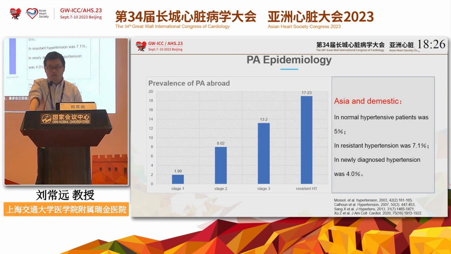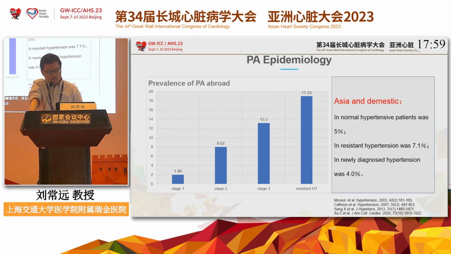PA has long been considered a rare condition in clinic. However, compelling evidence has indicated that PA is the most frequent form of secondary hypertension. From the left picture, we can see the prevalence of PA was increasing with the level of blood pressure.